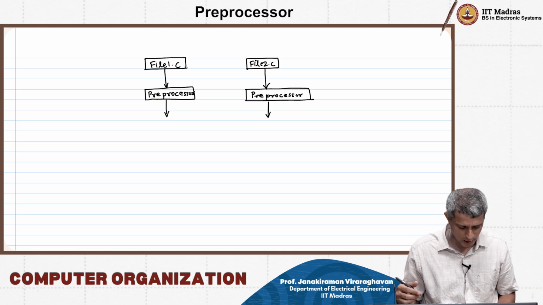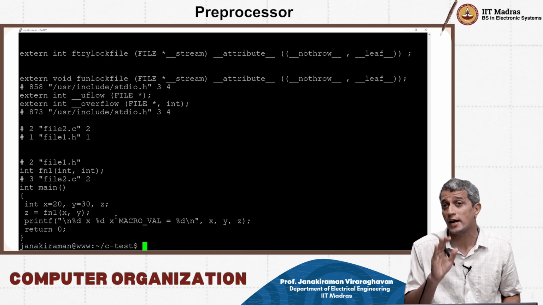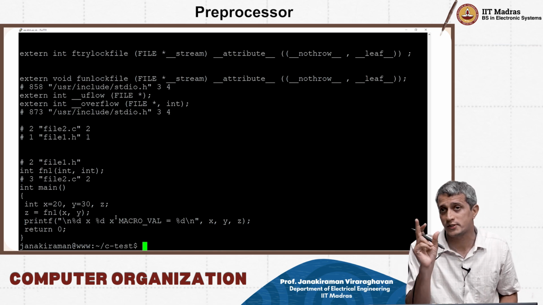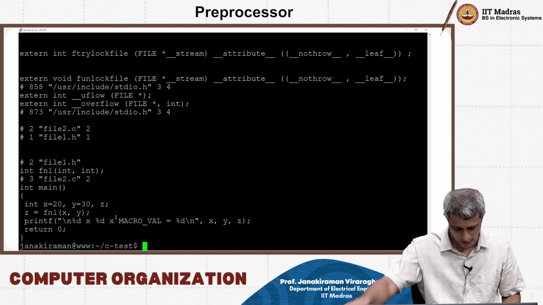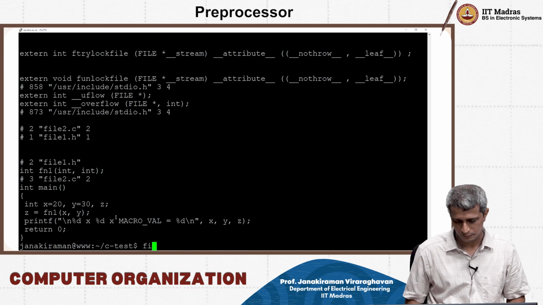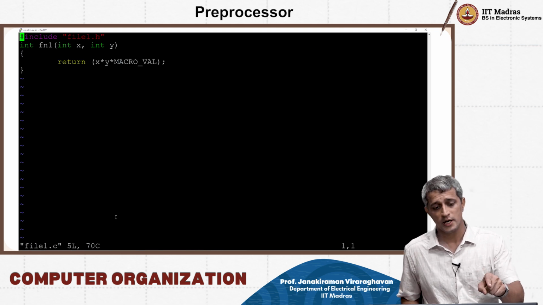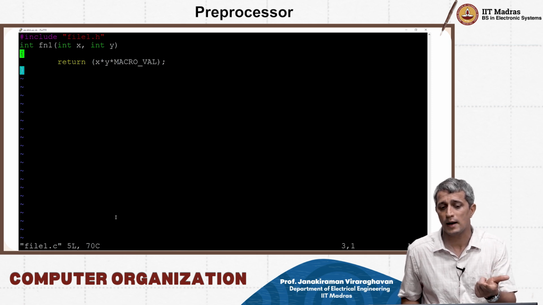So remember, these macros are very, very useful design practices, because when you want to deal with a constant and not a variable. If you look at file1.c, here there are two function parameters x and y and one macro val.